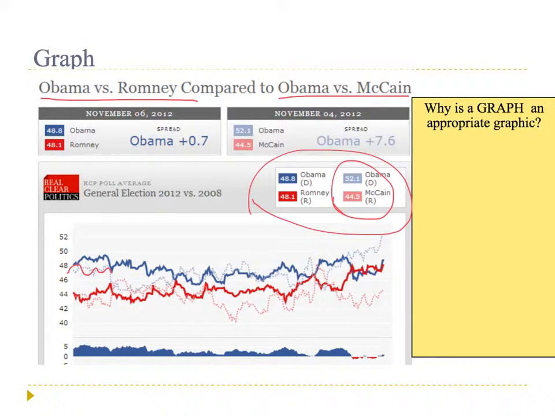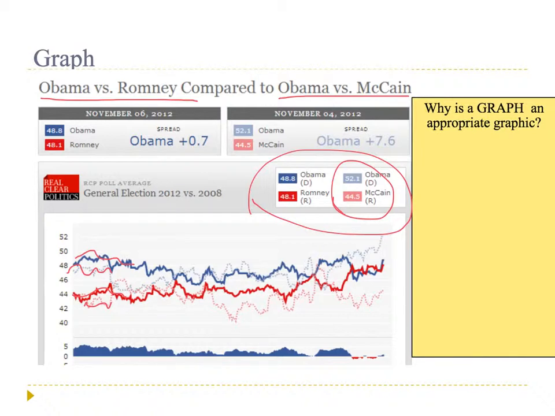McCain is the red dotted line down here. Then the darker lines are Obama versus Romney, so this top line and this top line. So we see the two different campaigns plotted on this same graph. So why is this an appropriate graphic? Pause here. Okay, awesome. So you should have written that down.